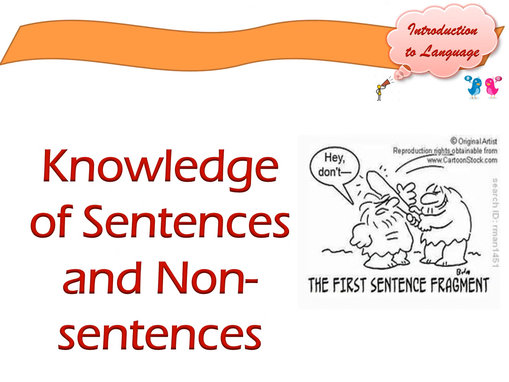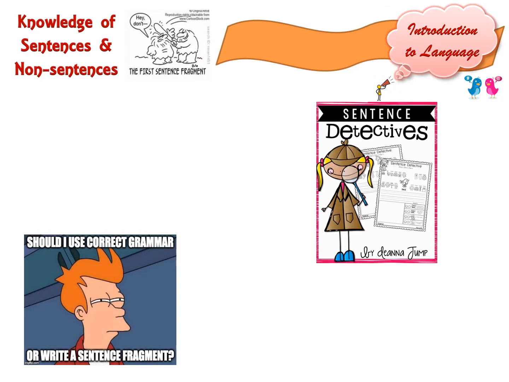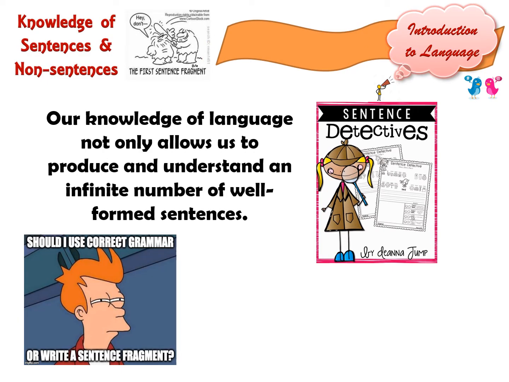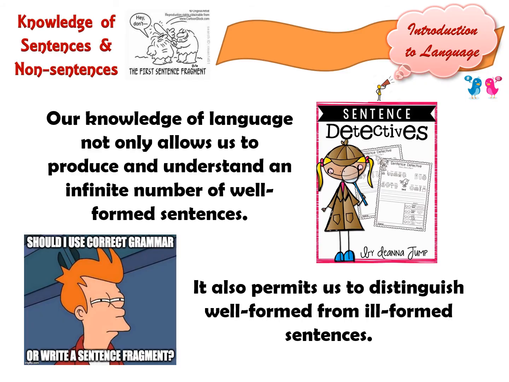The last aspect of the linguistic knowledge is the knowledge of sentences and non-sentences. Our knowledge of language not only allows us to produce and to understand an infinite number of well-formed sentences, it also permits us to distinguish well-formed from ill-formed sentences.